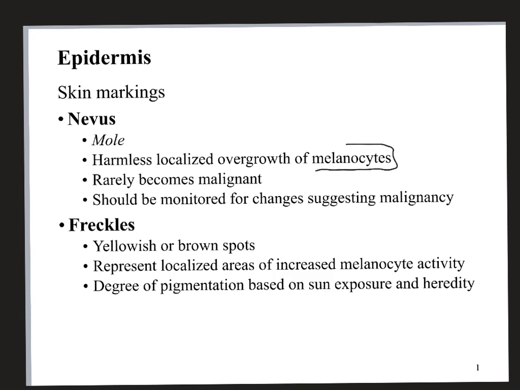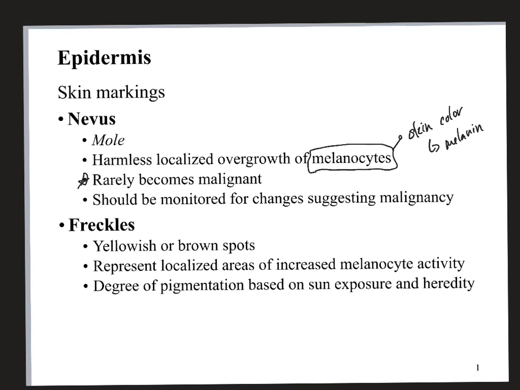Melanocytes are cells that are found in the epidermis that are important for skin color, right? And they produce that skin pigment called melanin, all right? Rarely do these moles become malignant, and we'll talk about that a little bit.